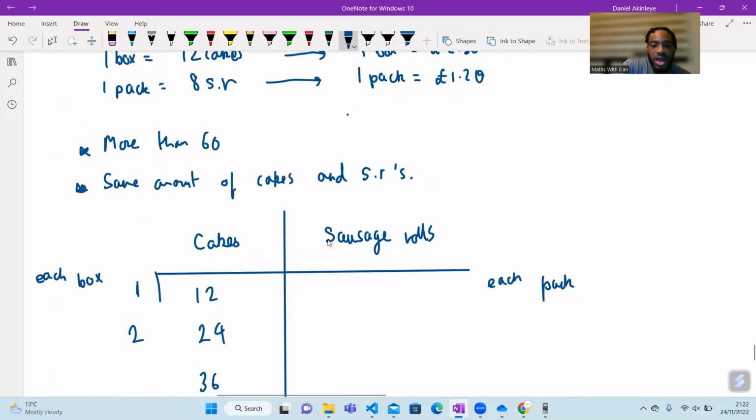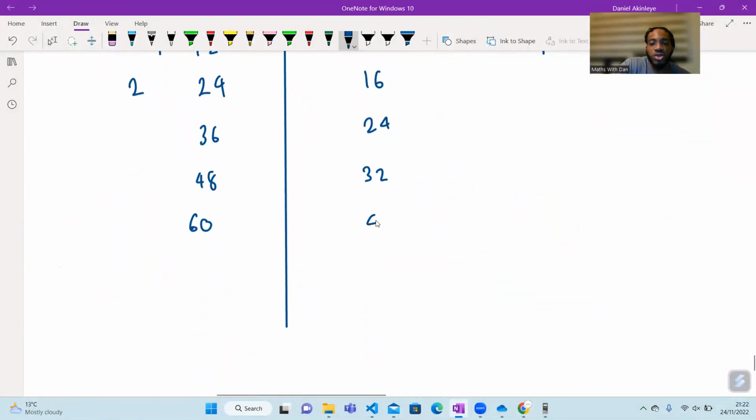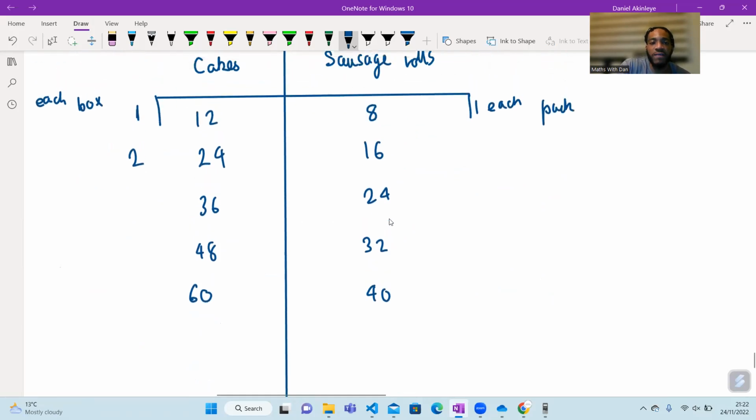Now let's start with the sausage rolls. We know that there's 8 in one pack. Add it on again, 16, and then add it on again, 24. And then add it on again, 32, add it on again, 40, and so on and so forth. Does that make sense?